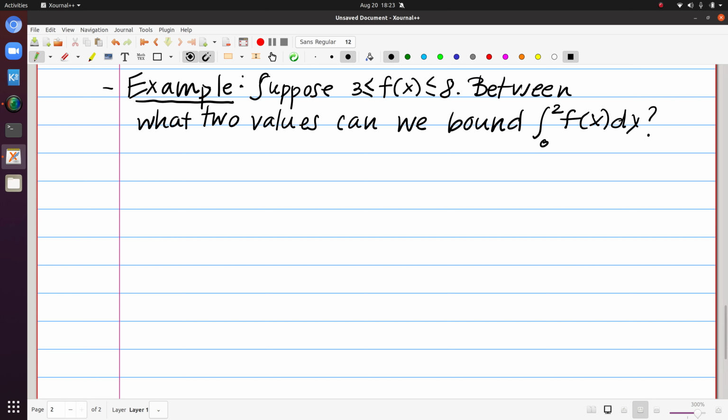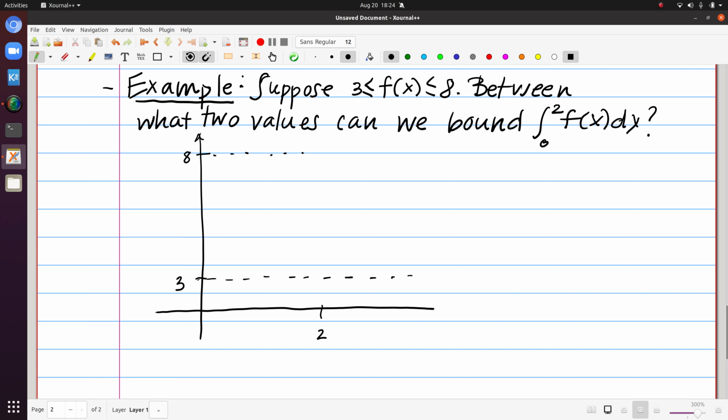So I'll point out, of course, we don't know what f of x looks like, but what I do know, let's see, we're looking at 0 to 2. Suppose these are my axes. If this is 8, and let's say this is 3, I know that my function effectively can't dip below the dotted line at 3 or above the dotted line at 8.